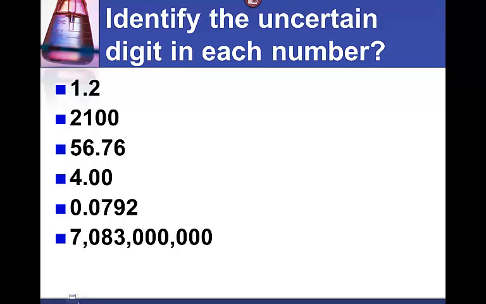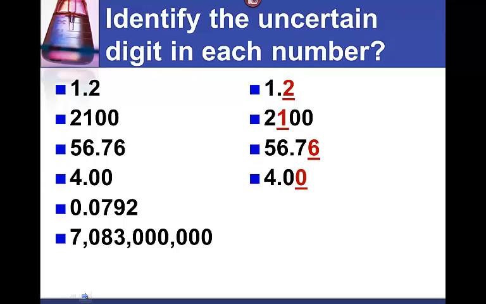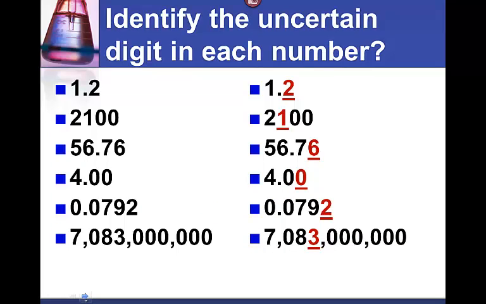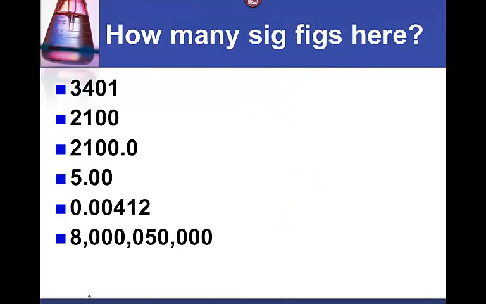Okay, let's check yourself again. Significant. Okay, so now we're looking at the uncertain number, which is what I was trying to explain in the last slide at the very end. How many significant figures here? Check yourself. All 4. Next one.